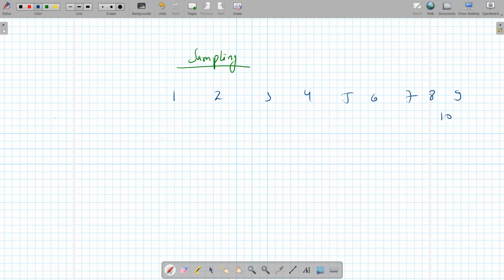The easiest sampling method is called simple random sampling. Let's say our population is 10, and we want to pick a sample size of 3. Simple random sampling means you just close your eyes and blindly pick 3 numbers randomly.